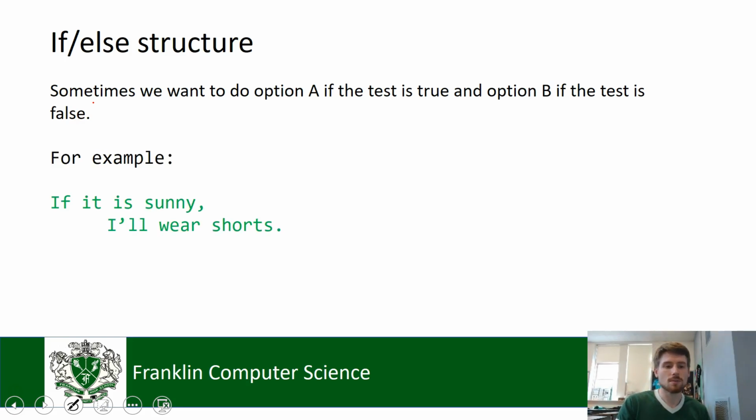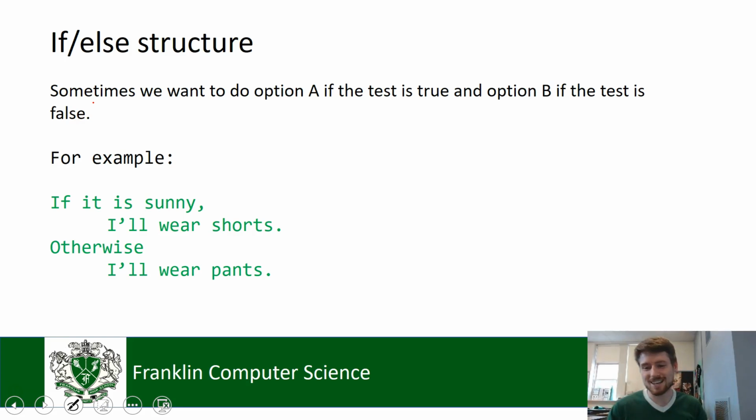So here's some examples. If it's sunny, then I'll want to wear shorts. Otherwise, I don't like shorts, so I'll wear pants. All right? So this is an A or B kind of situation. Depending on the weather, depending on if it's sunny or not, I'm either going to wear shorts or I'm going to wear pants. And I'm never going to go with both shorts and pants at the same time.